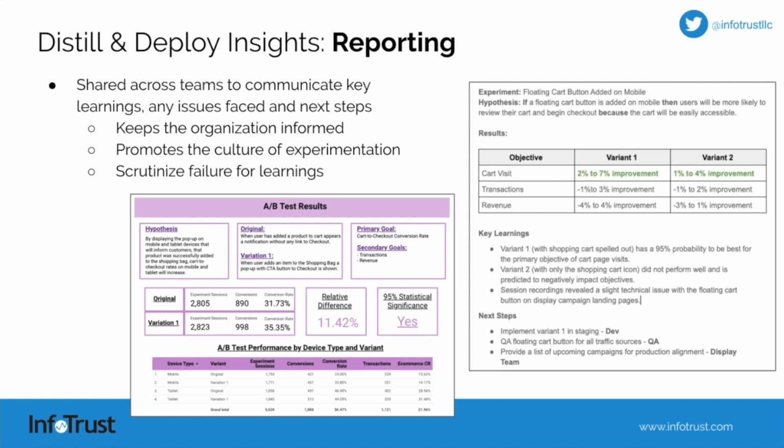Actually creating a reporting deliverable, versus only reviewing your results within the interface, is a better way to keep the organization informed. It promotes that culture of experimentation by encouraging people to buy into this whole A/B testing strategy, and also gives you an opportunity to grow and scrutinize any failure for learnings.